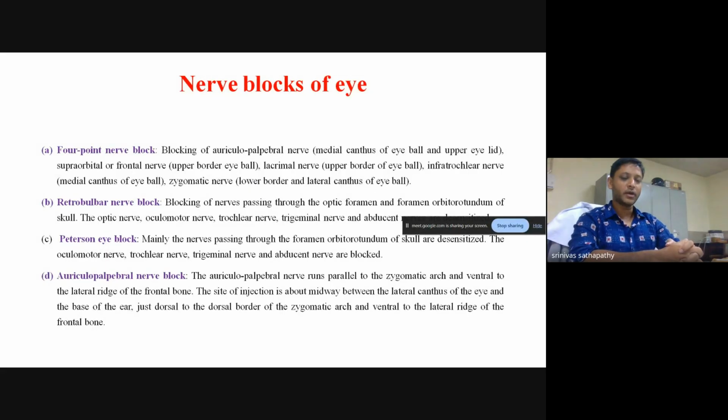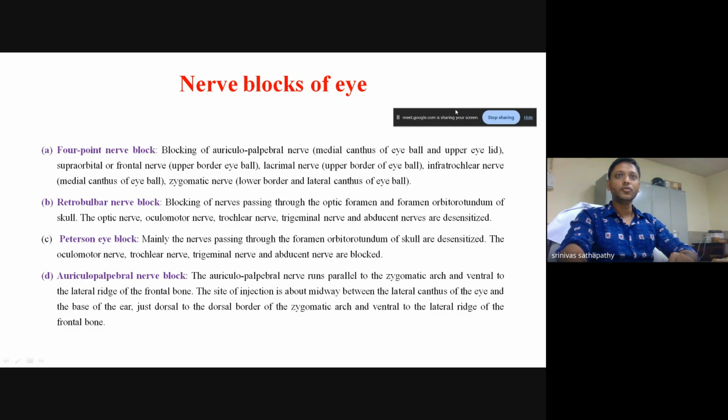Now what do you mean by retrobulbar nerve block? Retro means at the back side, bulbar means eyeball. So you have to inject the anesthetic solution at the back side of the eyeball. Now why are we injecting at the back side of the eyeball? Already I've shown you the figure of the skull in the previous slides. Behind the eyeball, there are 3 different foramina: optic foramen, foramen orbitorotundum, and foramen ovale.